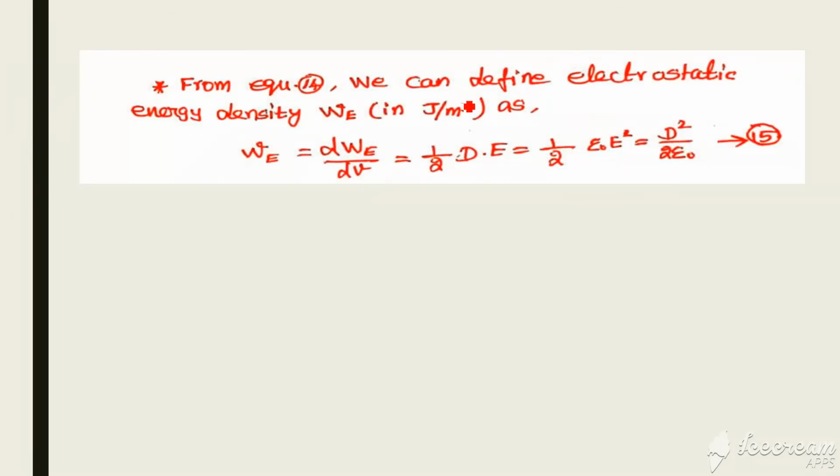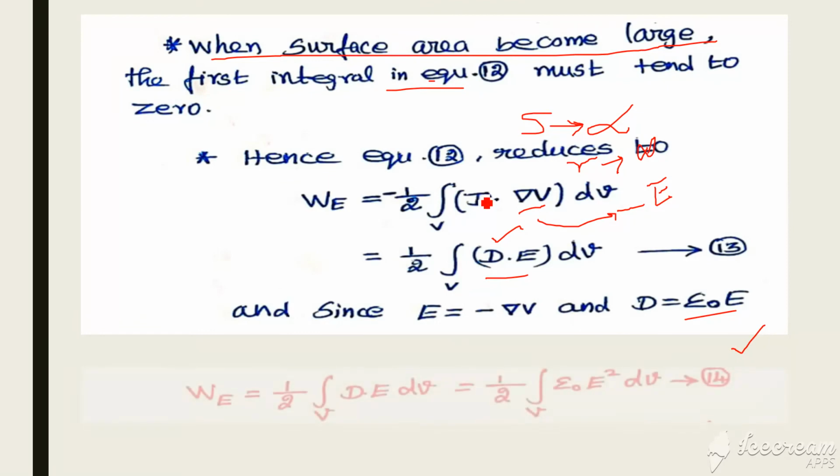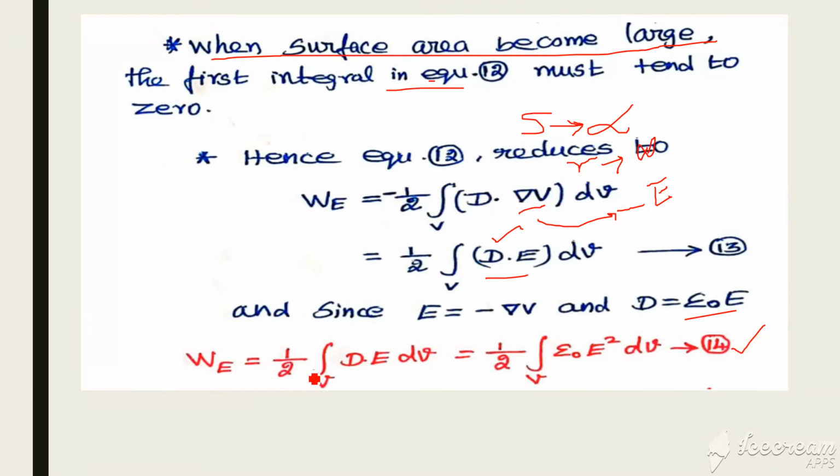Next, suppose we need the electrostatic energy density. It is nothing but differentiating the previous expression with respect to volume. So W_E is equal to dW by dV, which is 1 by 2 D dot E, that is, 1 by 2 epsilon naught E square.